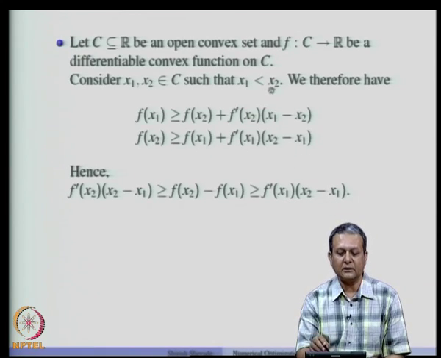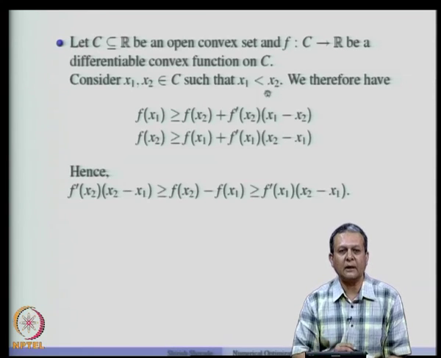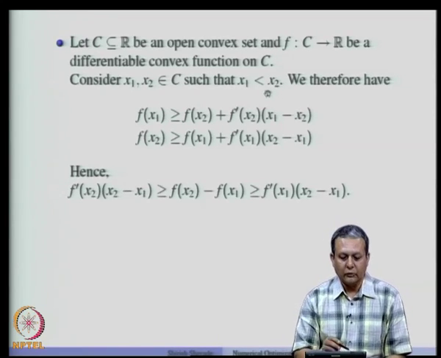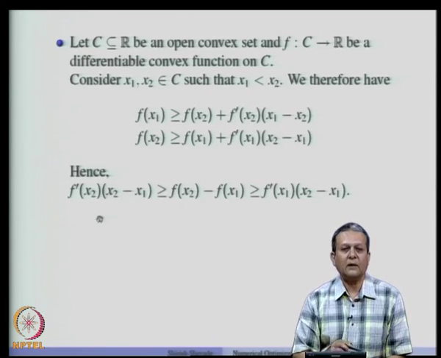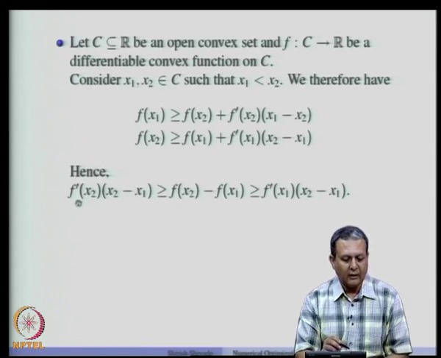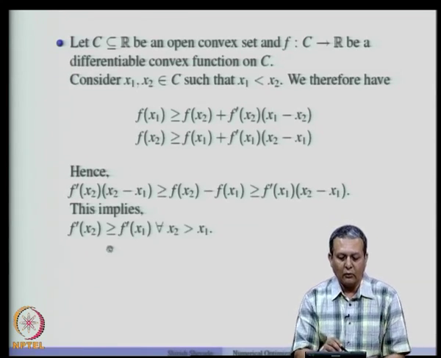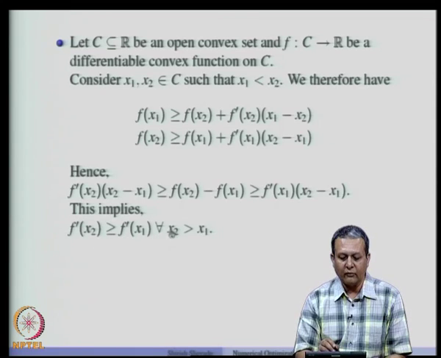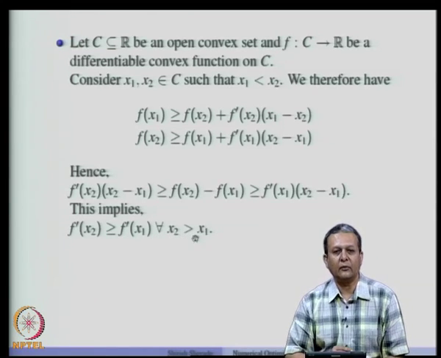Remember that x1 is less than x2, so x2 minus x1 is greater than 0. If we divide throughout by x2 minus x1, which is a positive number, what we get is that f dash x2 will be greater than or equal to f dash x1 for all x2 greater than x1.